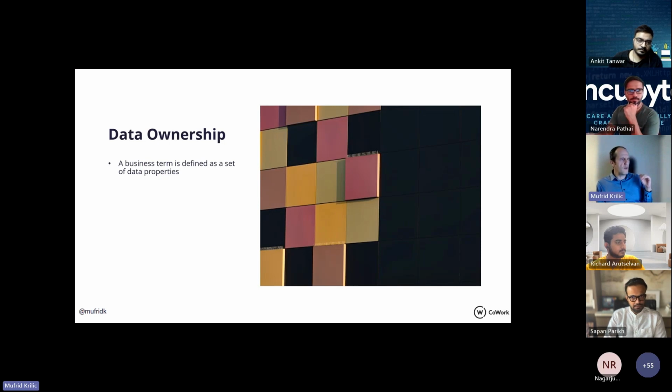When we talk about data ownership, we are talking about a business term being defined by a set of data properties. We've seen a number of business terms in this domain storytelling process. We saw a patient visit, a group appointment, a group schedule, and so on.